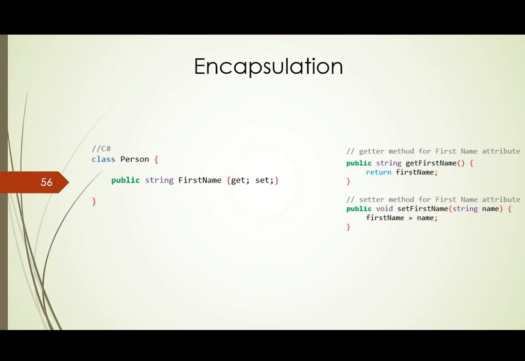So in C#, what we do is just write the public string first name and then use the curly braces and say get and set.